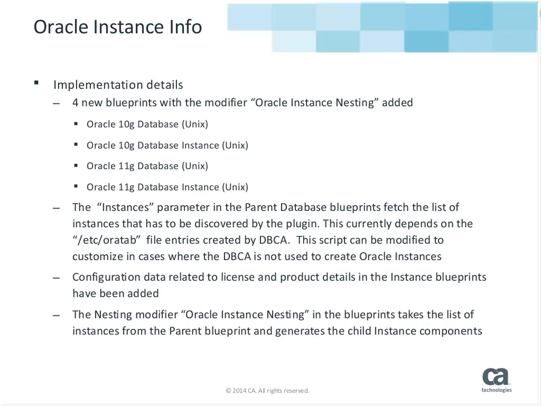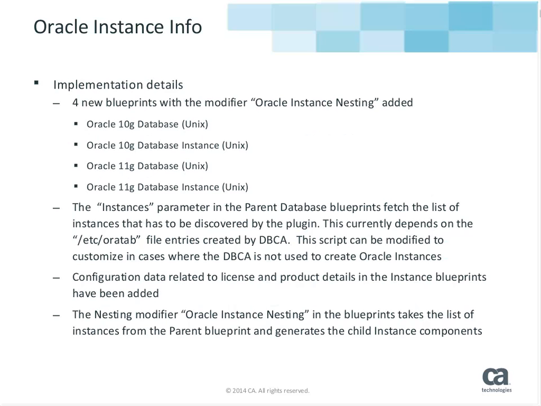A little more detail. We have 4 blueprints that we modified for the Oracle instance nesting: 10G database for Unix, 10G database instance Unix, 11G, and 11G instance. The instance parameter for these parent database blueprints fetches a list whose discovery by the plugin is currently dependent upon the etc oratab file entries created by the DBCA.